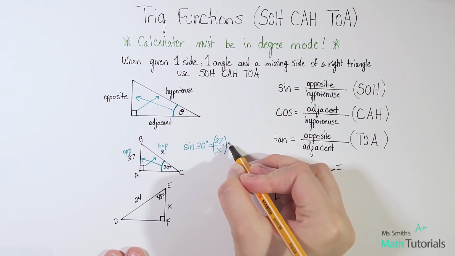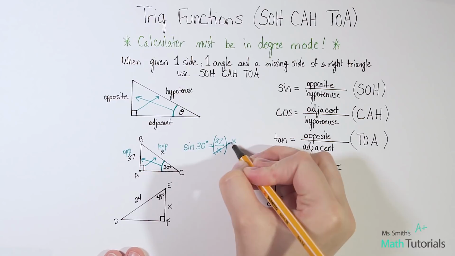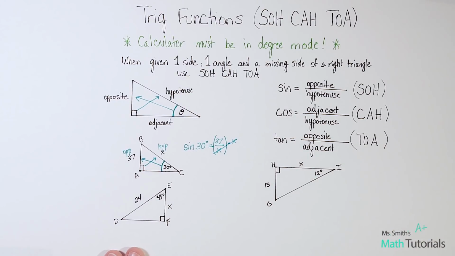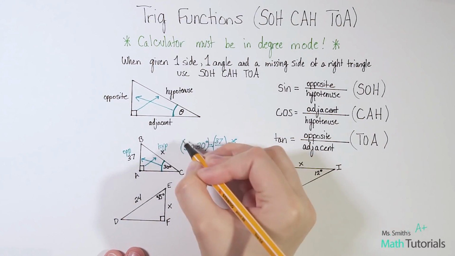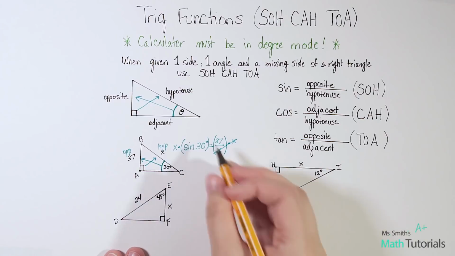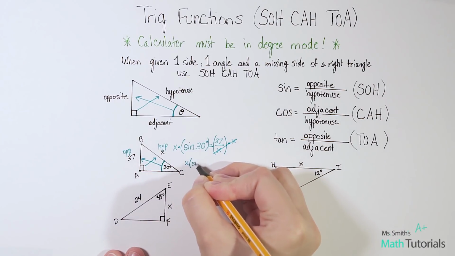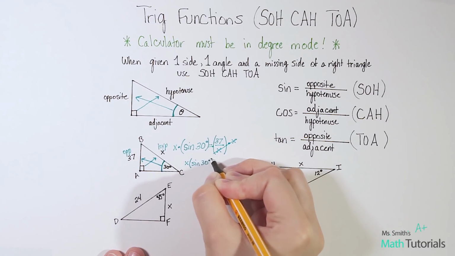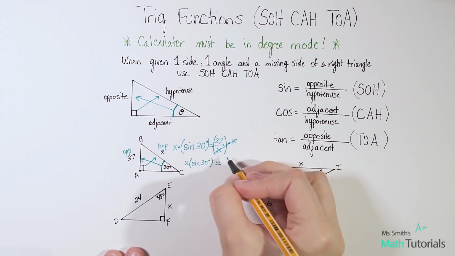When I do that, it cancels the denominators out. But I can't just do that to one side. If I'm going to do that here, I've got to do it here as well. So I take sine of 30 and multiply it by X too. Let me bring down what I have: X times sine of 30 degrees equals, I canceled the denominator here, so I just have 37.